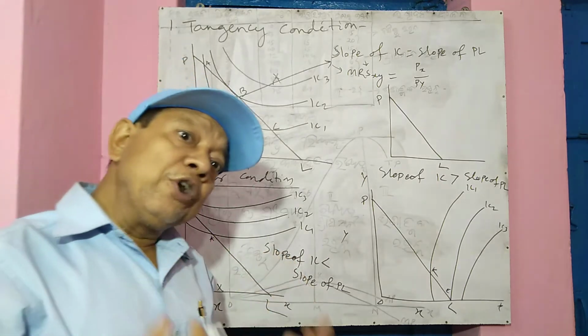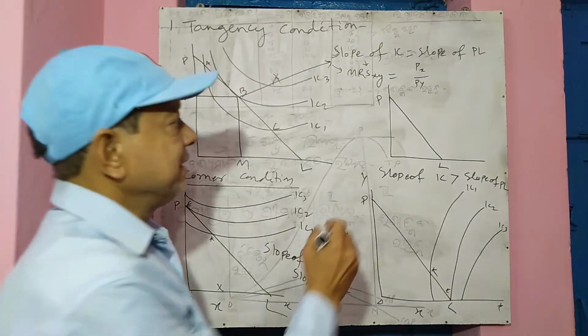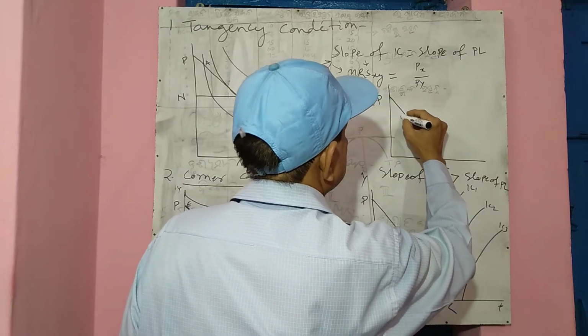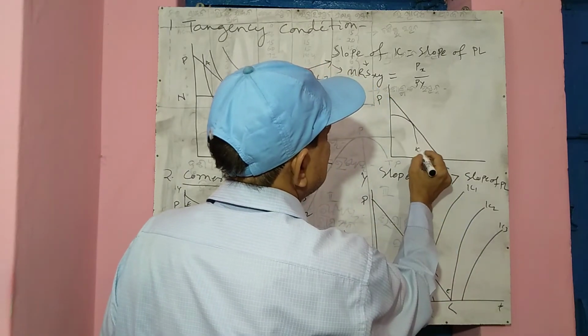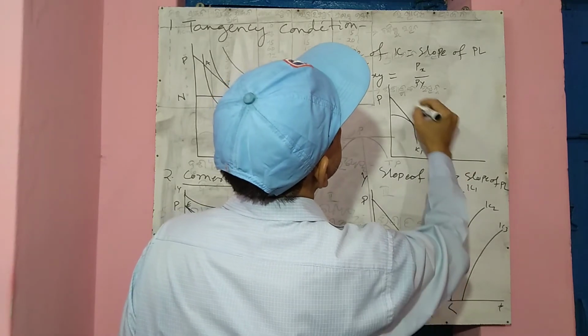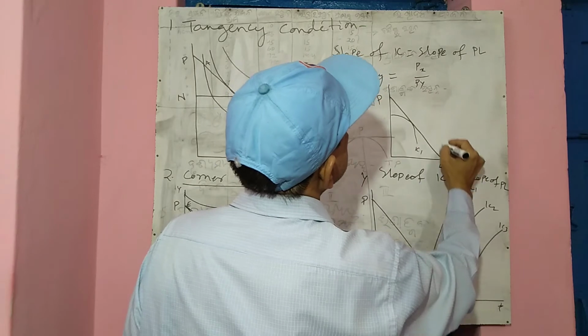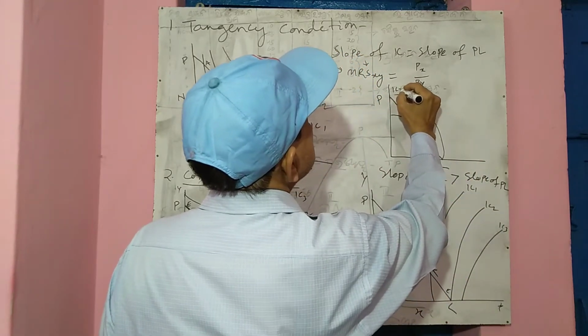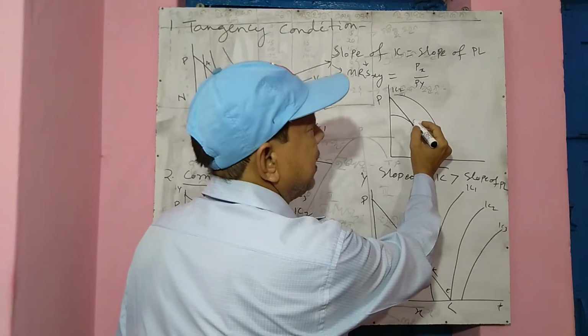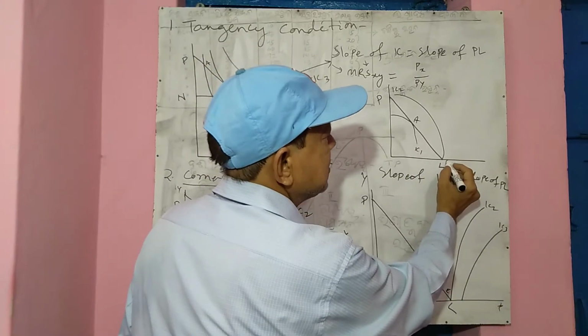In case of concave IC, let's say this is IC1, this is IC2. Let me tell you, this is point A and this is point B.